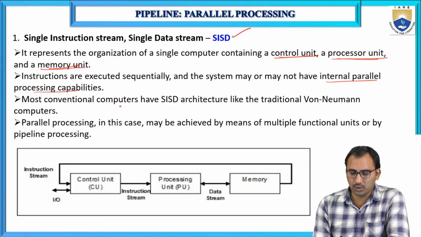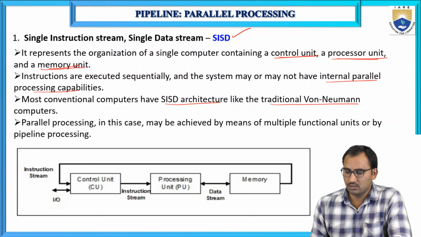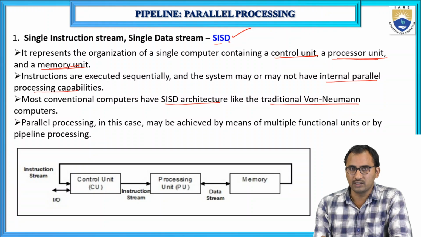Most computers have SISD architecture, like the traditional von Neumann computer. The traditional computers are from the olden days, like the 1960s and 70s. Single CPUs are considered as SISD architecture.